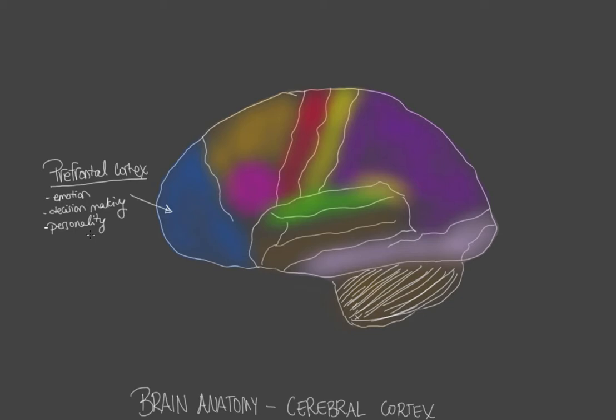Now, another region of the frontal lobe that we'll be discussing is motor control. So when we talk about motor control, there are two areas of your frontal lobe that are dedicated to performing these functions. The first one is what we call the premotor area, or the motor association area.